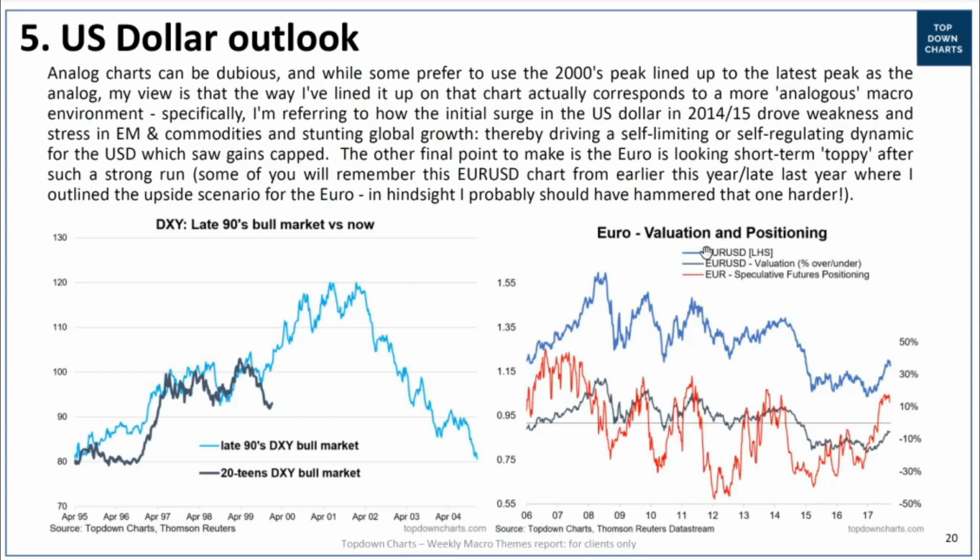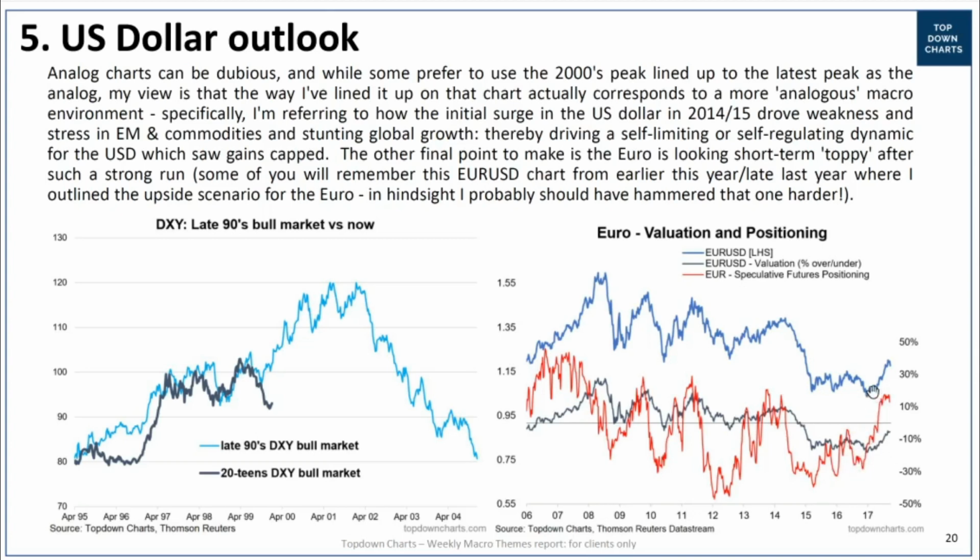Finally, on the euro: considering the US dollar index, it's not just the euro, but the euro is a major component. As you would imagine, based on that positioning chart before, euro speculative futures positioning is now stretched to the long side. Back at the start of the year, I did point this out, where we had quite an extreme undervaluation signal as well as significant net shorts.